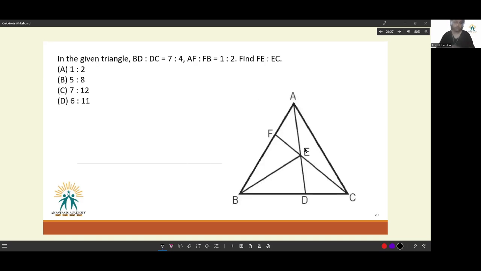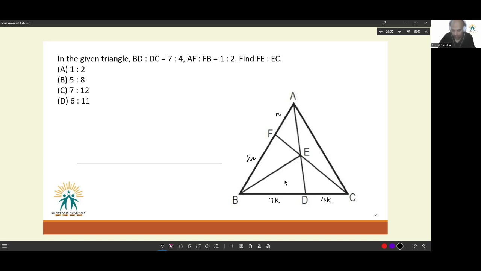Next, in the given triangle, BD is to DC is 7 is to 4, so 7K, 4K. AF is to FB is 1 is to 2, so N, 2N. Finally, find FE is to EC. Okay.